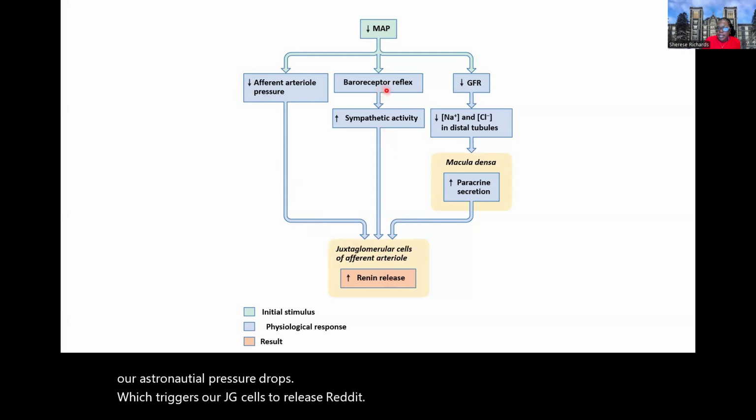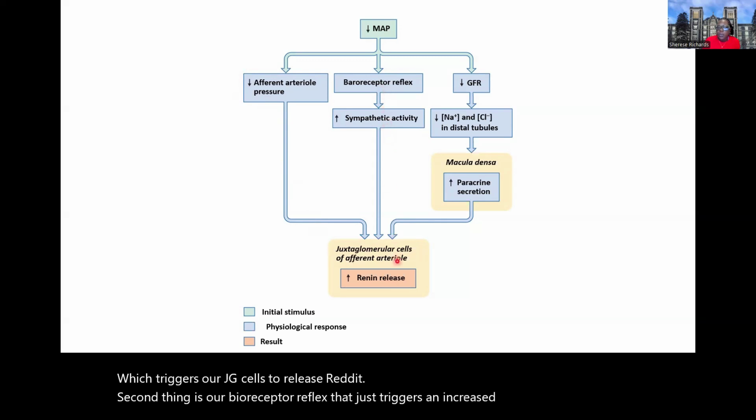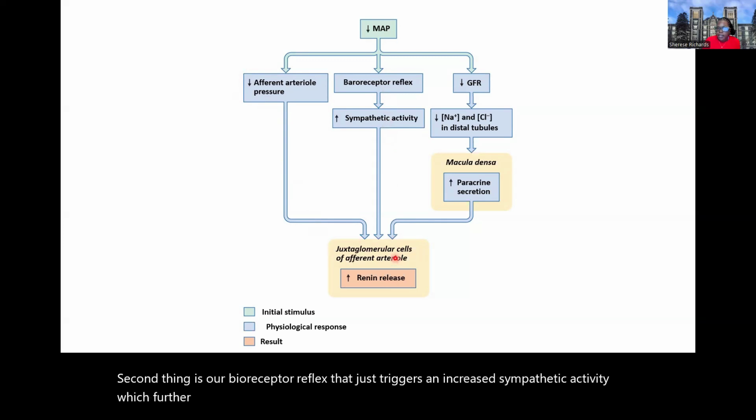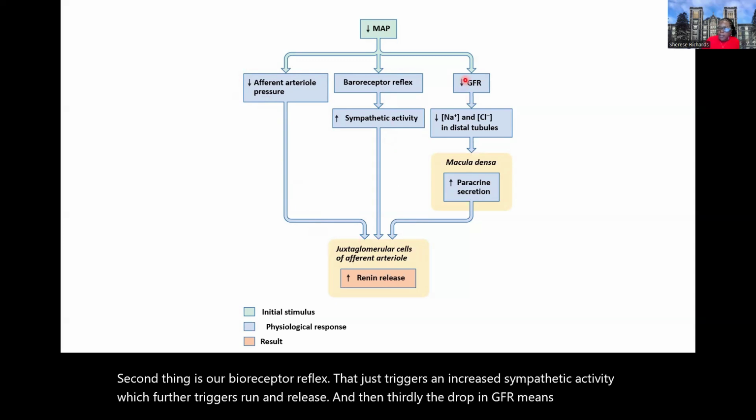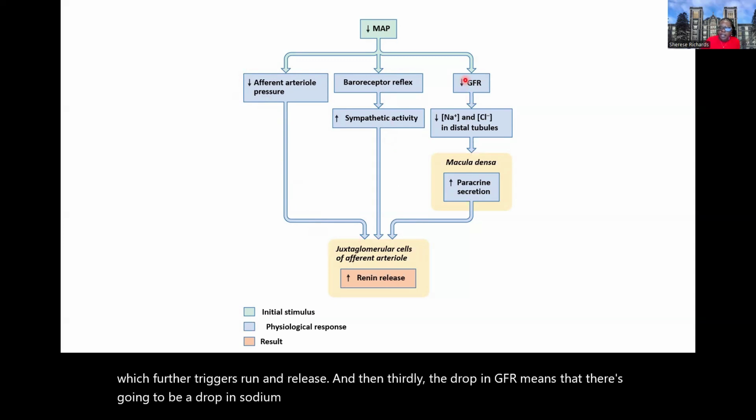Second thing is our baroreceptor reflex. That just triggers an increased sympathetic activity, which further triggers renin release. And then thirdly, the drop in GFR means that there's going to be a drop in sodium and chloride coming through in the distal tubules in that filtrate.